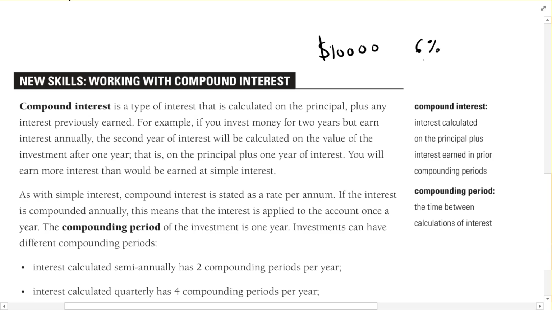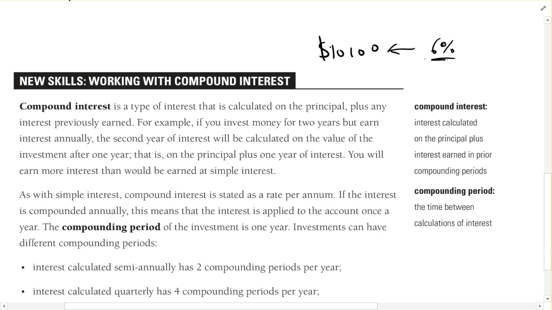Now what's going to happen with this compound interest is that, let's say we made a certain amount of money on this $10,000 in the first year, right? We made some interest on that. And then now, let's say that this number all of a sudden got bumped up to $10,100. Now the second year, we'd be taking 6% of that, right?